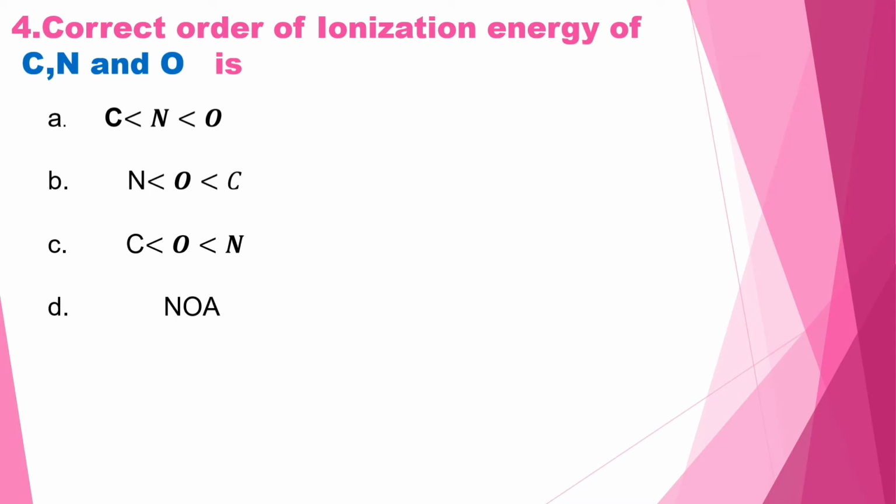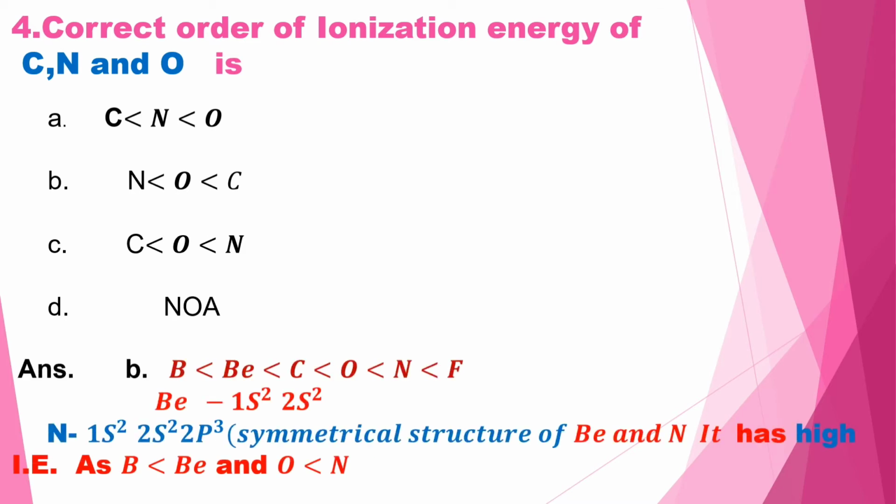Fourth question: the correct order of ionization energy of carbon, nitrogen and oxygen. The ionization energy of nitrogen is highest amongst carbon, nitrogen and oxygen. This is because nitrogen has a symmetrical electronic configuration. If we observe the second period of elements in the periodic table, beryllium and nitrogen have symmetrical electronic configurations. Beryllium is 1s2 2s2, with 2s2 completely filled. Nitrogen has 2s2 2p3, which is a symmetrical electronic configuration.